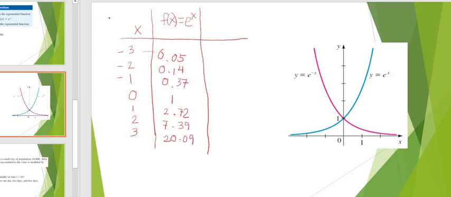Okay, we mark these such that there will be no confusion.